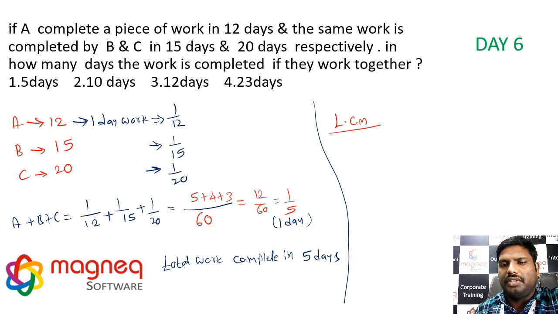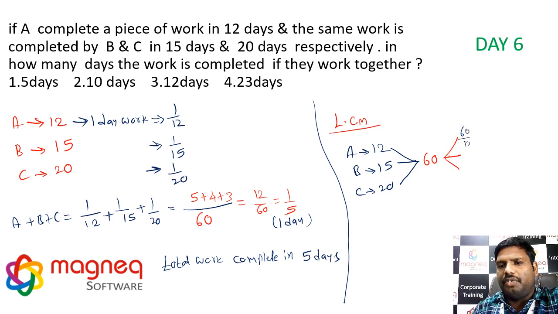So given values: A can complete it in 12 days, B can complete it in 15 days, C can complete it in 20 days. So their LCM, LCM of 12, 15 and 20 is 60. So 60 by 12 means 5 units per day. 60 by 15 means 4 units per day.